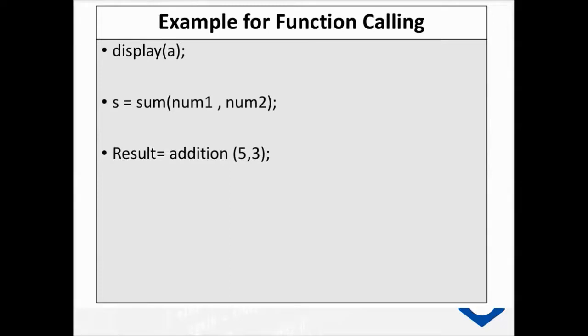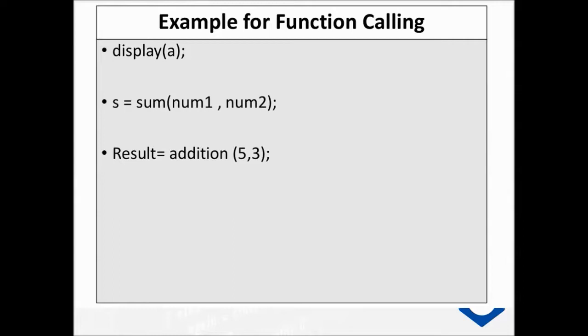So here are the examples for function calling. To call a function, we simply write the name of the function and we pass arguments into parentheses. So here display(a) displays the name of the function, and a is the parameter list. We also write s is equal to sum(num1, num2).